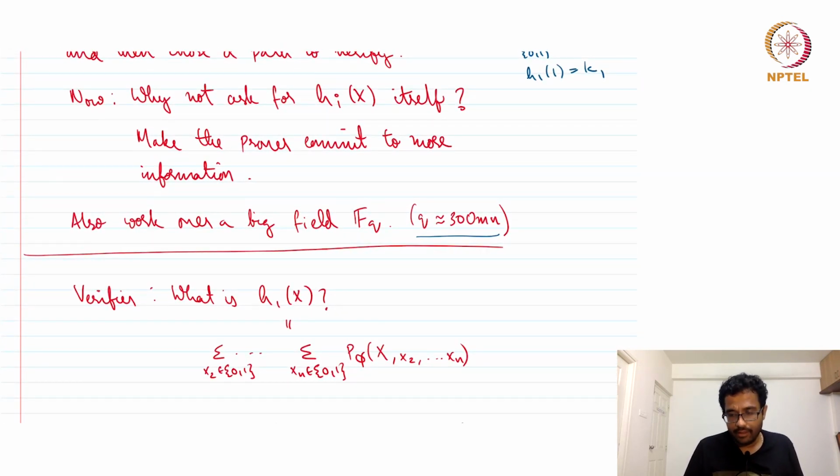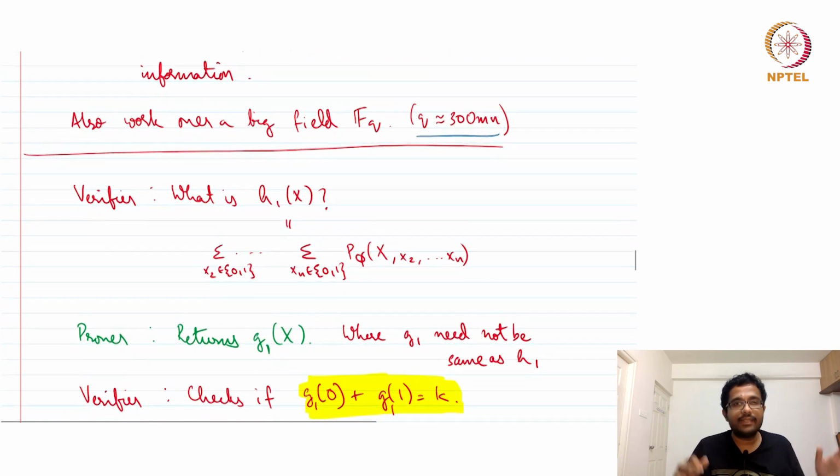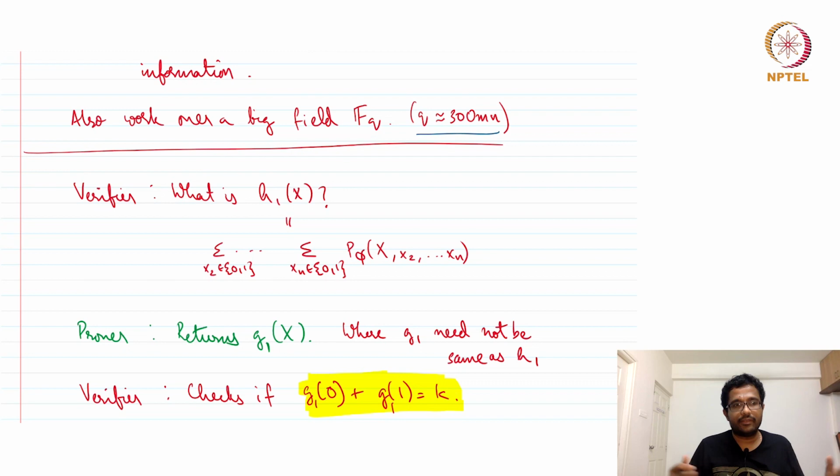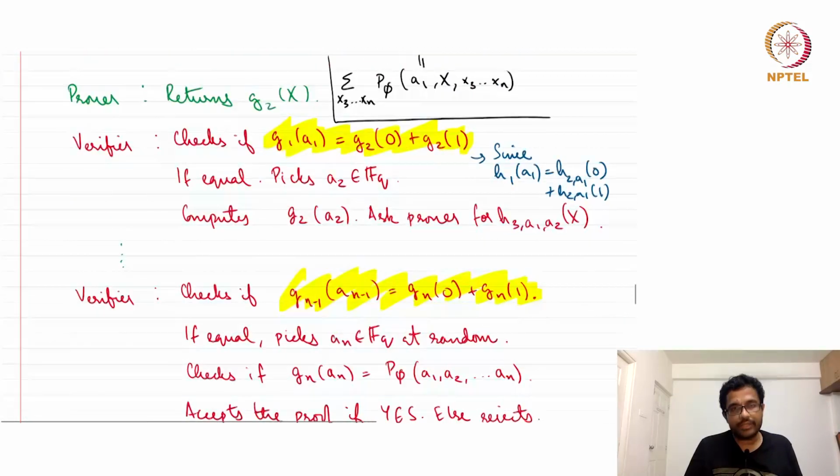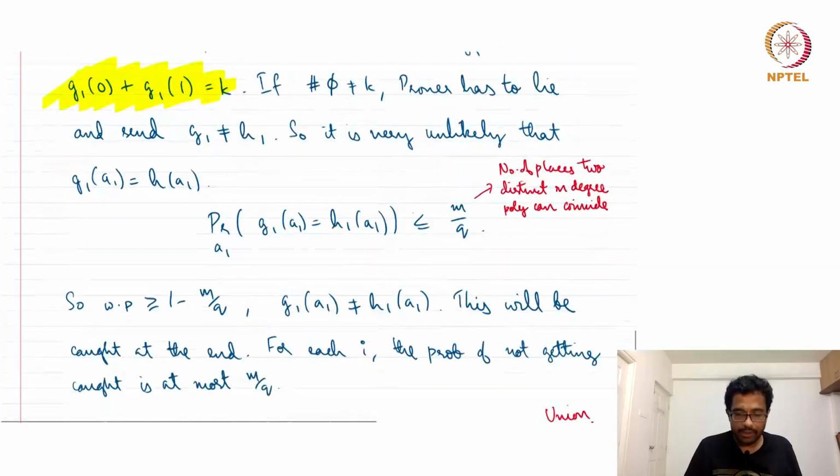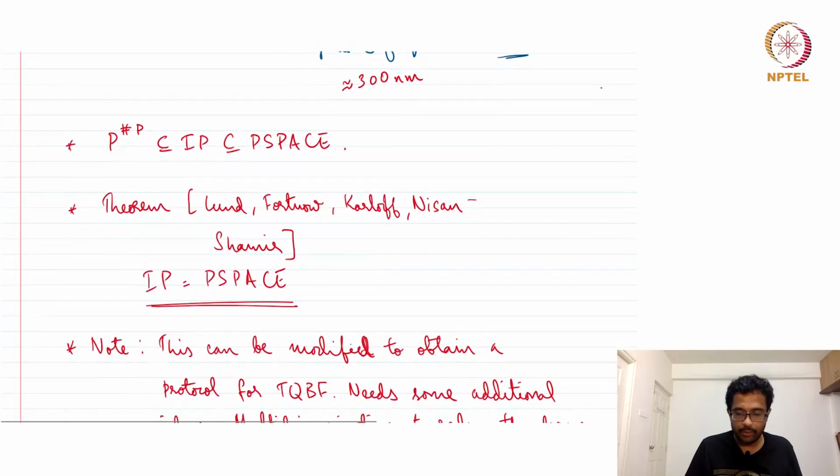Here q was 300mn, which was fine, because every field element could be sent easily, and not just a field element, even the polynomial, since only q number of elements needs to be sent. So all this is fine. Whereas when the degree is large, it becomes very difficult. If the degree itself is exponential, then exponentially many terms need to be sent. So that is the main bottleneck for the proof that IP equals PSPACE.